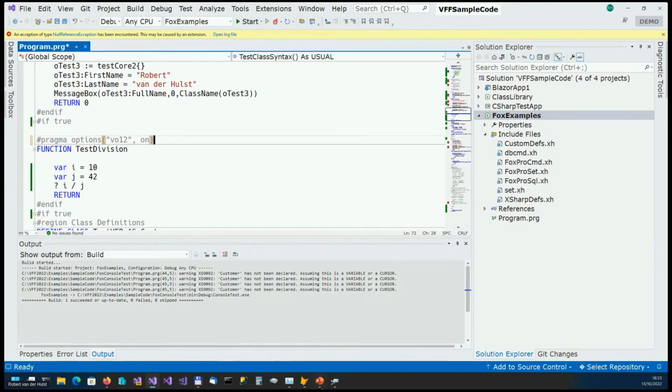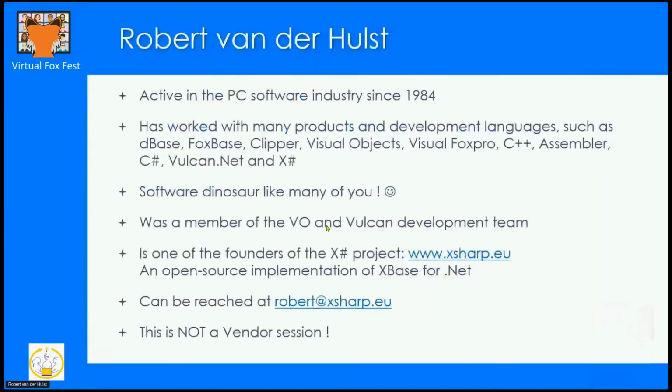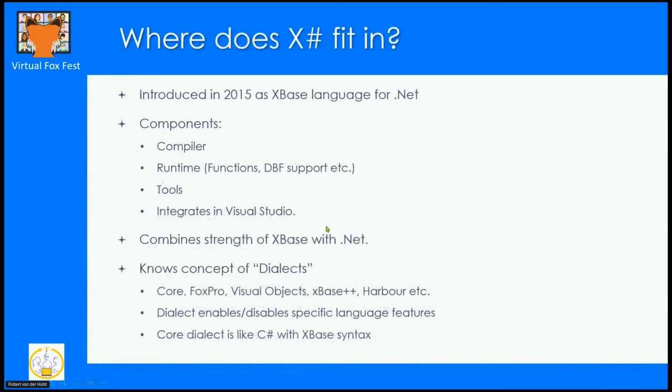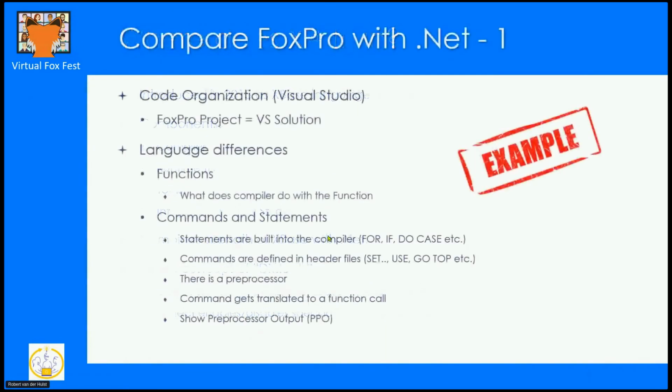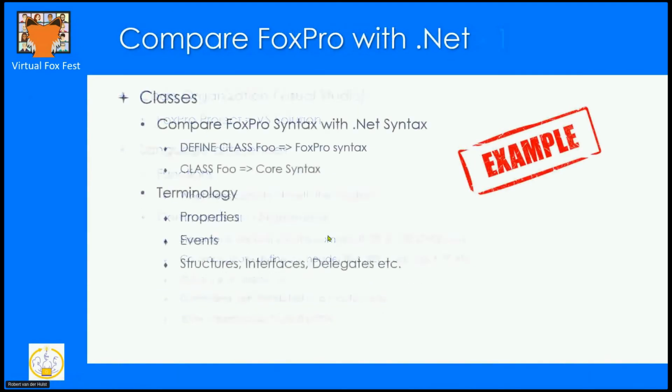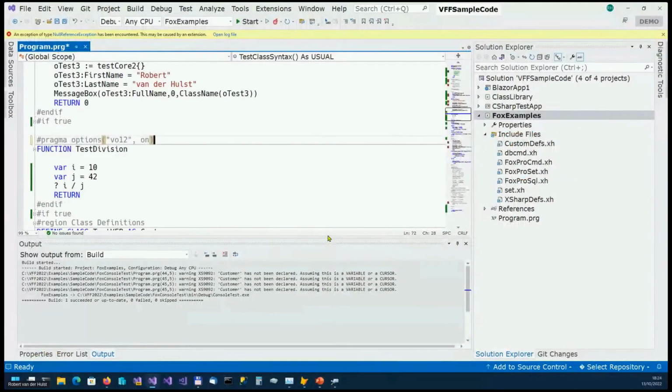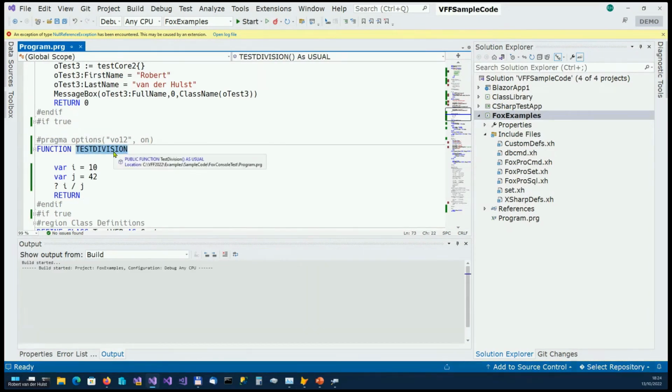Okay, let me look where I am. Yeah, what's also important to realize is that our languages, the X-base languages, are not case sensitive. So I can type test division and it will still run.